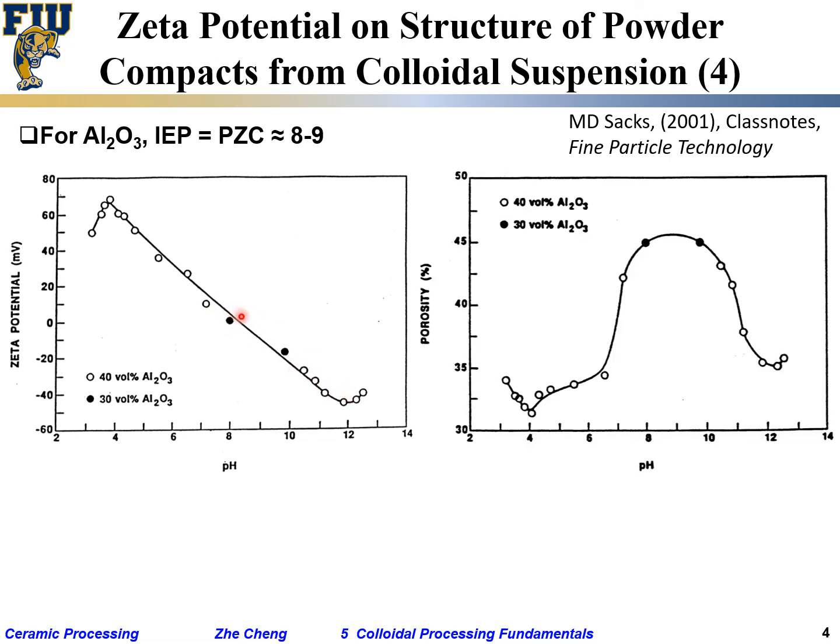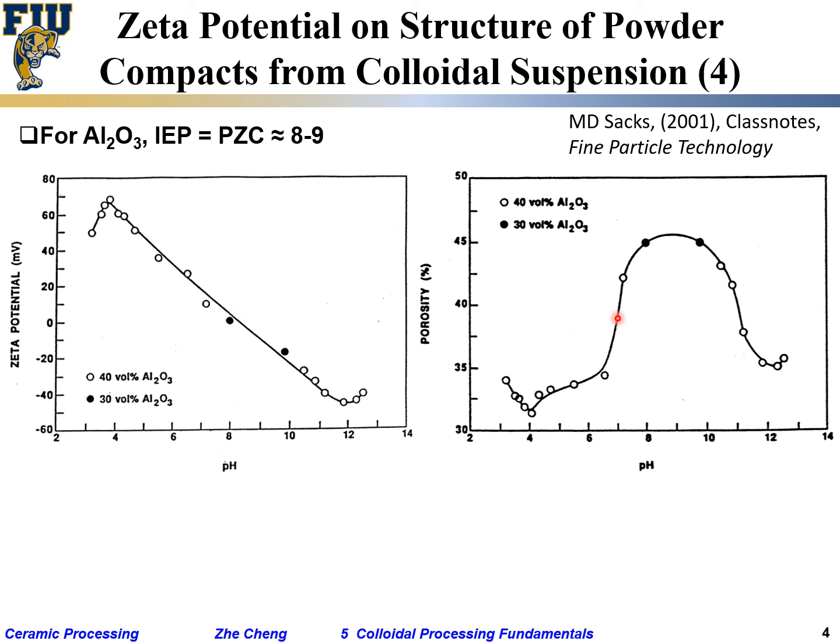Okay. And then I'm plotting a related plot for powder compaction. For example, you get it from BET, gas adsorption analysis. Porosity versus pH. Of course, you see between roughly 7 to around 10, I have higher what? Porosity, because I have lower zeta potential.